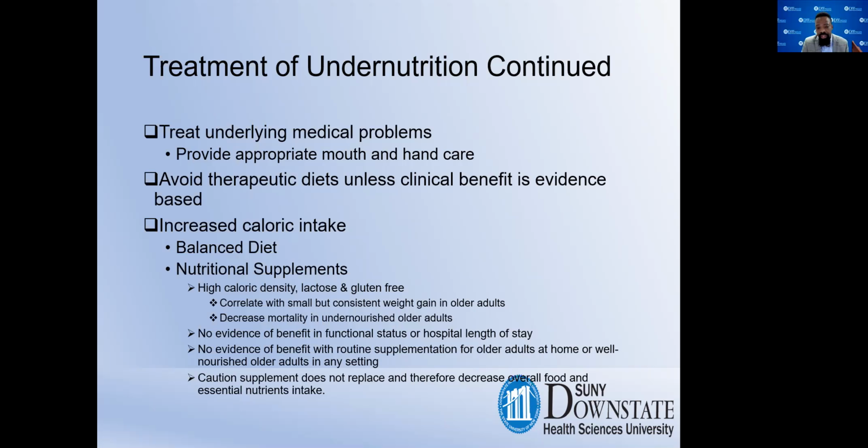Oral ulcers, address that. Esophagitis, address that. So treat the underlying problem. Okay, provide appropriate mouth and hand care. If someone had a stroke, for instance, and has a motor deficit and is unable to feed herself, then provide a mechanism to assist her in feeding.